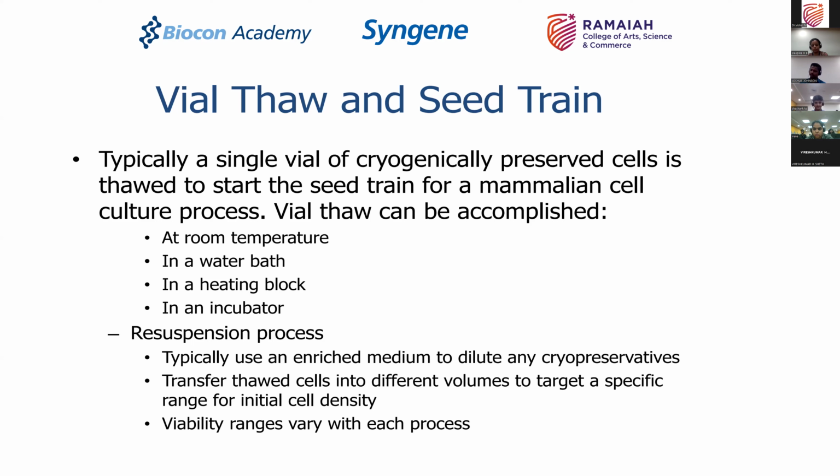Once you have achieved that, viability ranges vary with each process. What happens is that because you are having multiple vials, you may have got vials in one lot from the source, which could be ATCC or any other source, or a working culture that you have got from your R&D department.